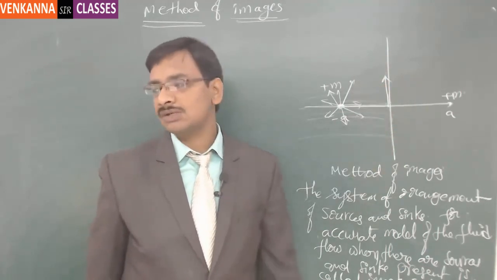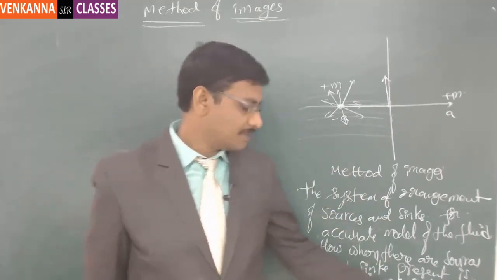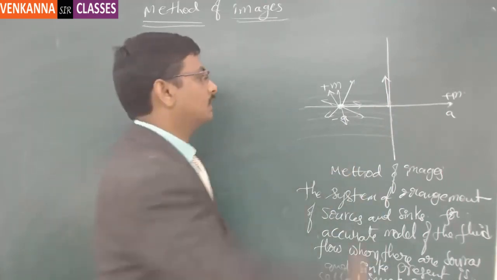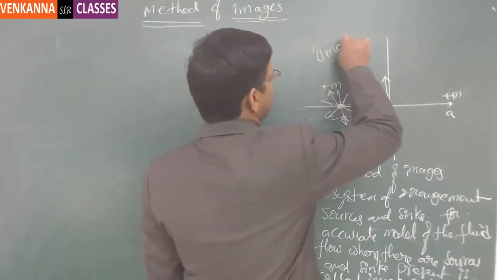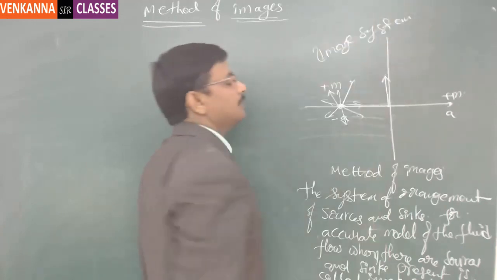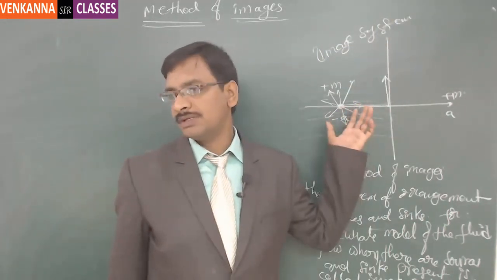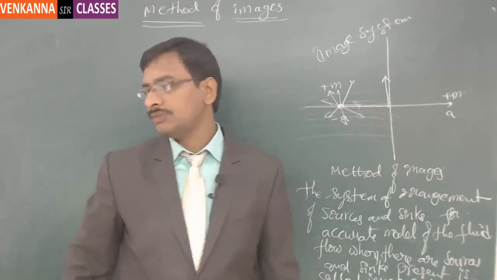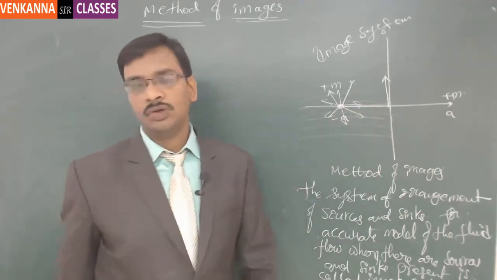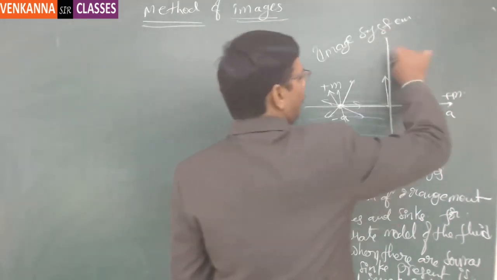Such a system of arrangements is called the image system. So the essential components in the image system are a rigid boundary and the presence of some sources and sinks. Got it? Okay. So this is for a plane boundary.